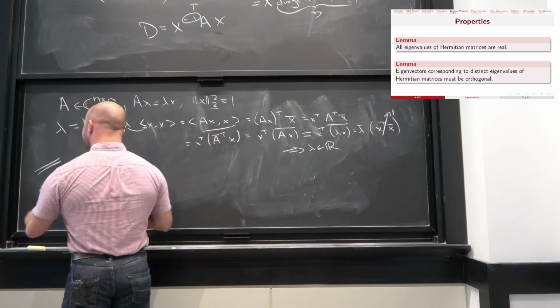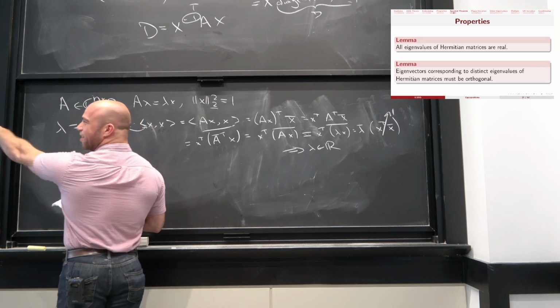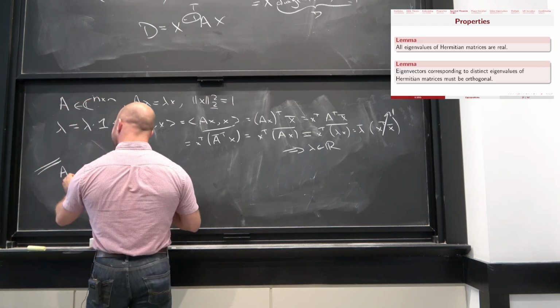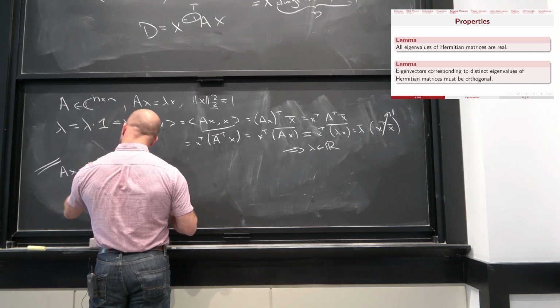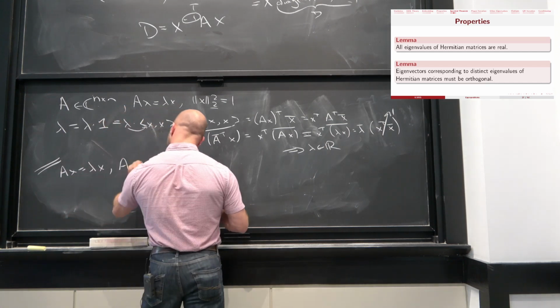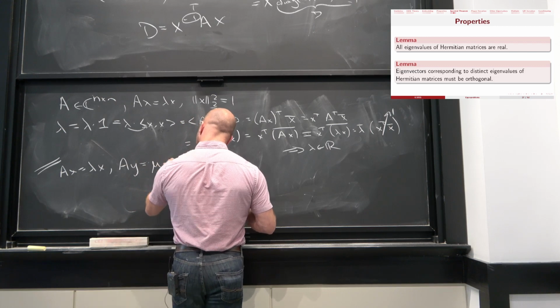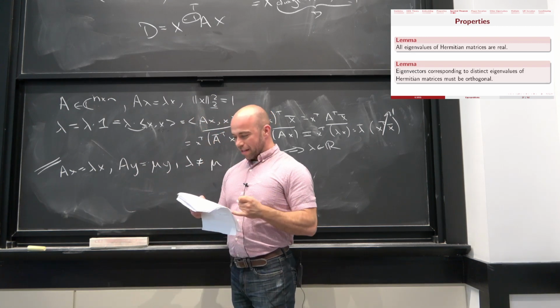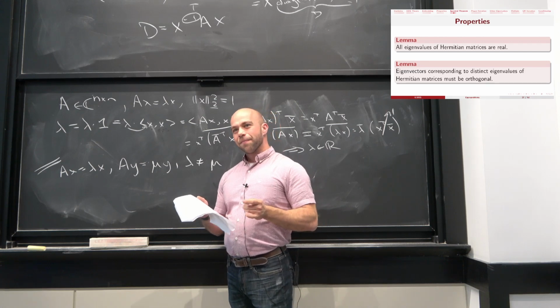So what do we do? We're going to take two eigenvectors with distinct eigenvalues and see if we can show that they're orthogonal. Let's say that we have Ax equals lambda x, Ay equals mu y, and lambda not equal to mu. That's our setup.